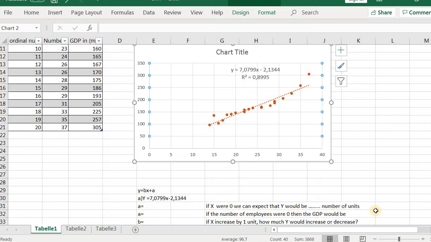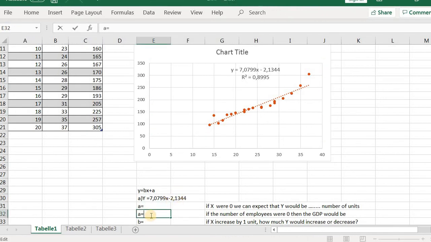I copied and pasted it here from my Word document, and the explanation for the A parameter is: if X were 0, we can expect that Y would be how many units. Okay, first of all, our parameter A, where is it? Is it here? Okay, it is here. And we can type this value.